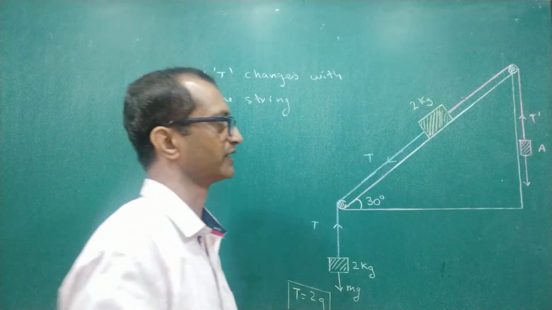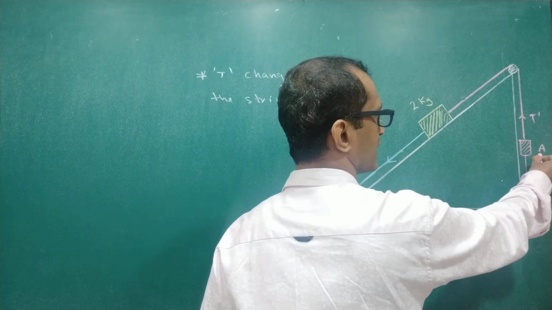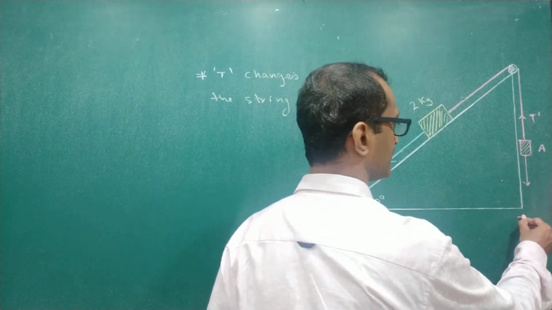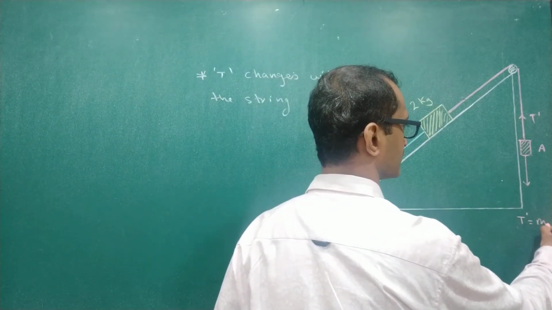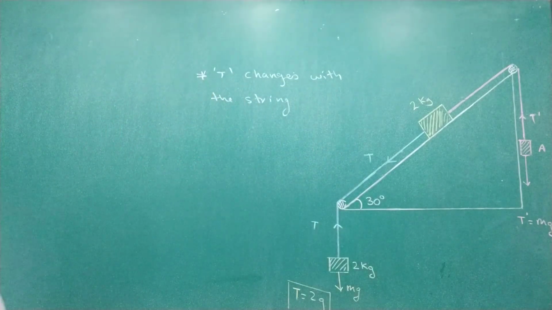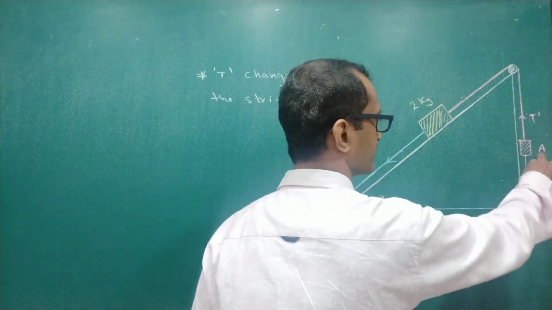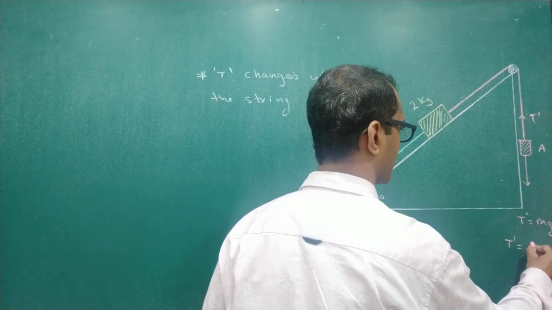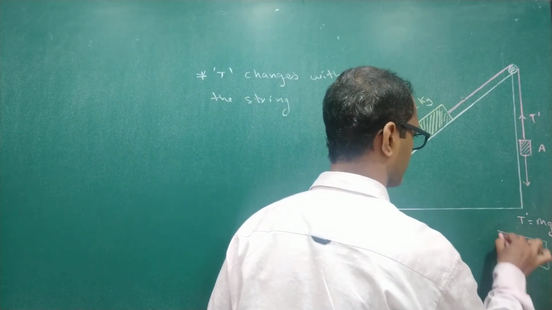So similarly, this mass A should be balanced by T dash. So I get T dash is equal to mg. Now I consider the mass to be A. So T dash is Ag in this case.